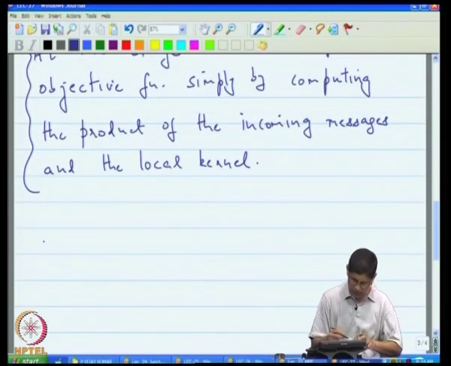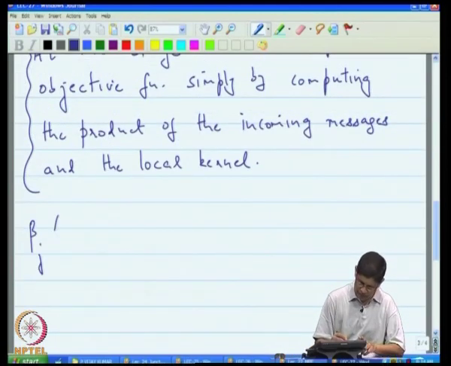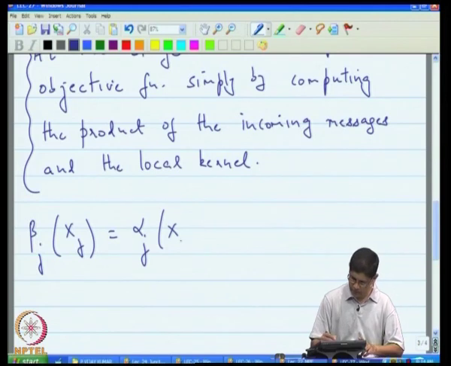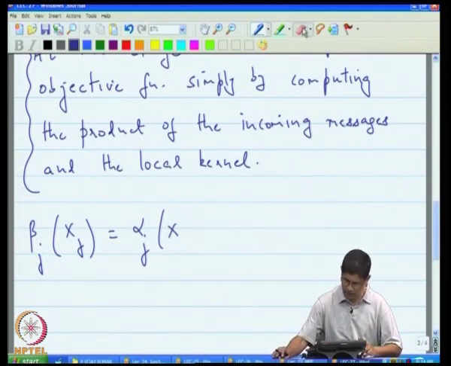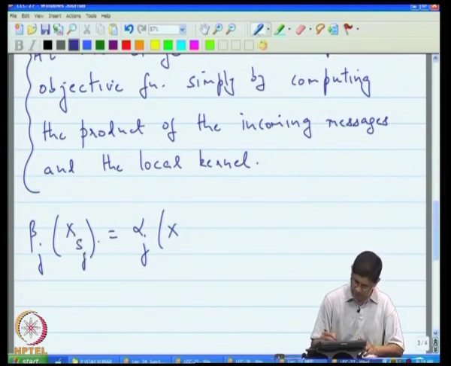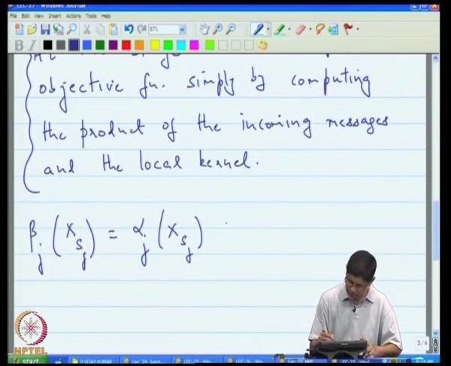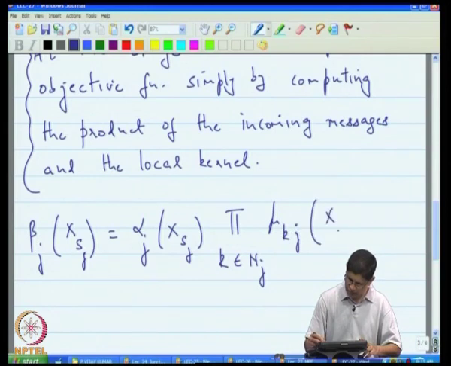So in other words, beta_j of x_{s_j} is alpha_j of x_{s_j}, sorry, I should say x_{s_j}, times the product over k, the neighbors, of mu_{k j} of x_{s_k intersect s_j}.